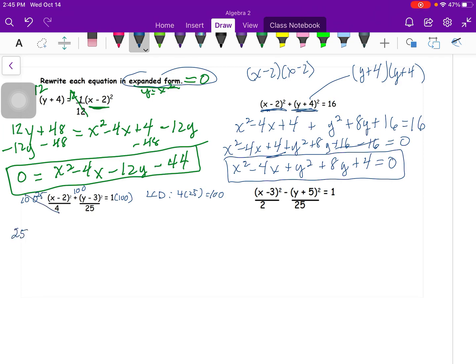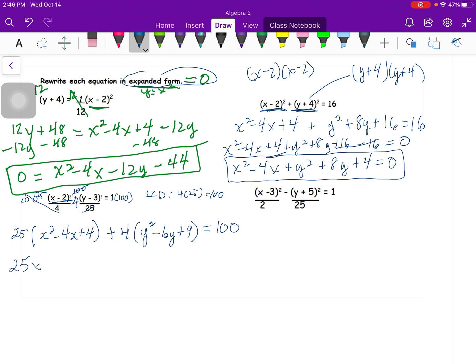So I have 25 times, then I have to square this. So it is x squared minus 4x plus 4. Plus, this reduces to a 4. 4 times y minus 3 squared is y squared minus 6y plus 9. Should equal 1 times 100 is 100.